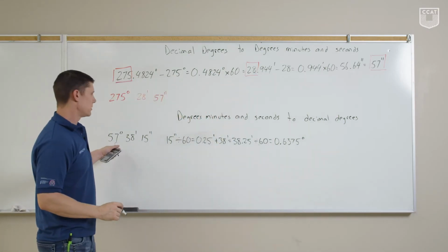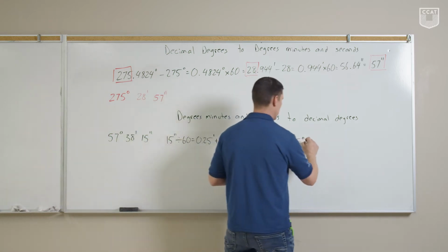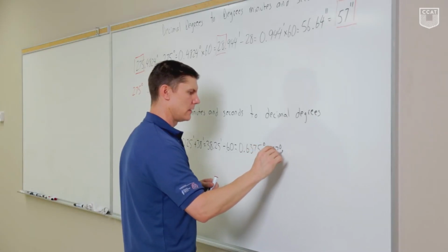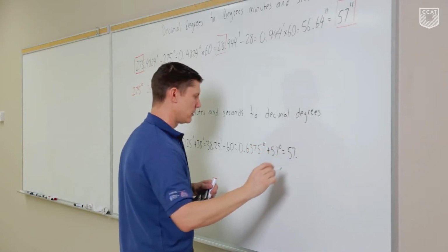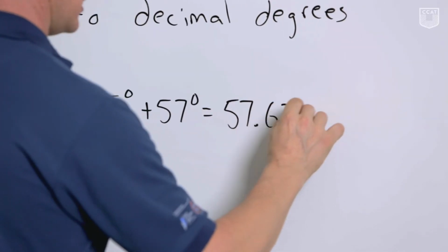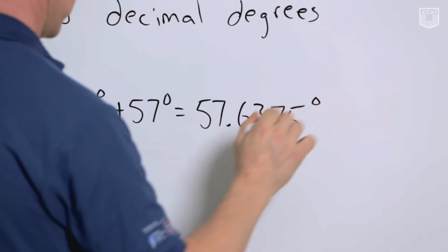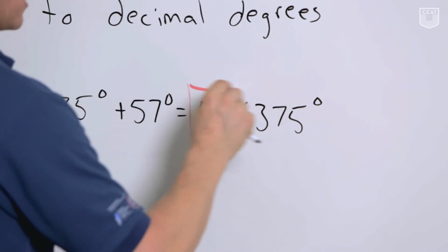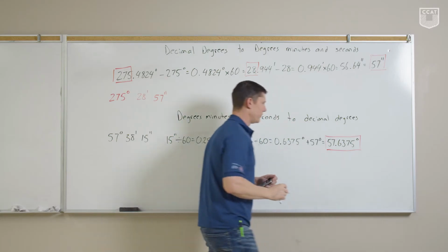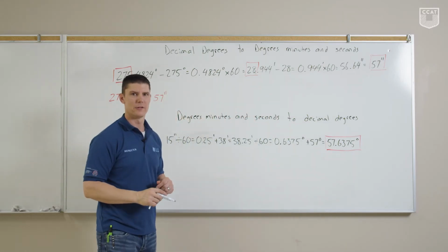We add our full degrees, 57, so plus 57 degrees equals 57.6375 degrees. So our final number there would be 57.6375 degrees.